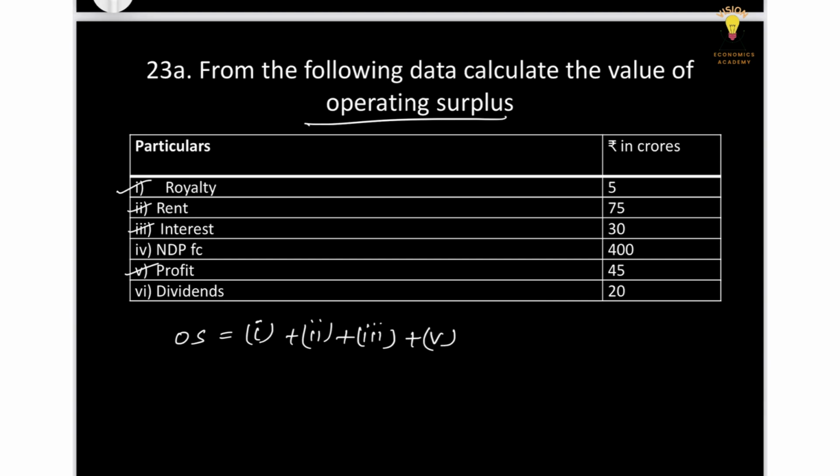We can do it in any way. You can either write this or you can write the numbers here. Put the values 5 plus 75 plus 30 plus 45. So 80 plus 30 is 110, plus 45 is 155 crores. So operating surplus is 155 crores.